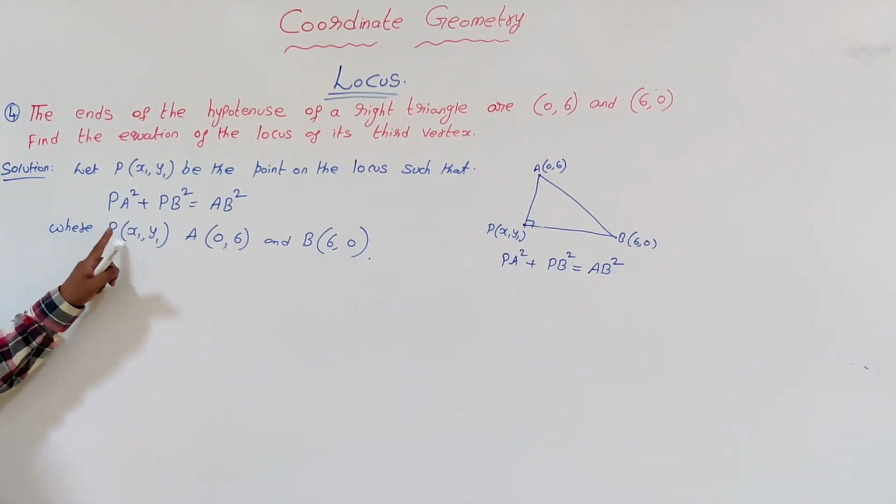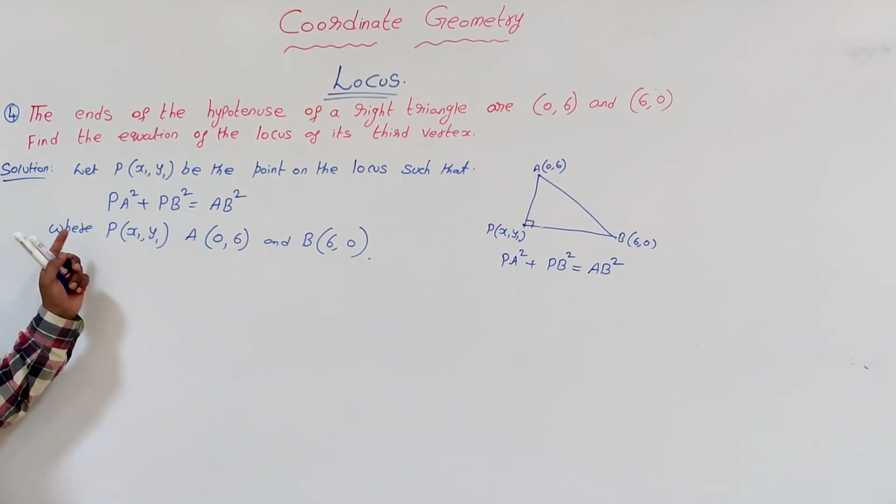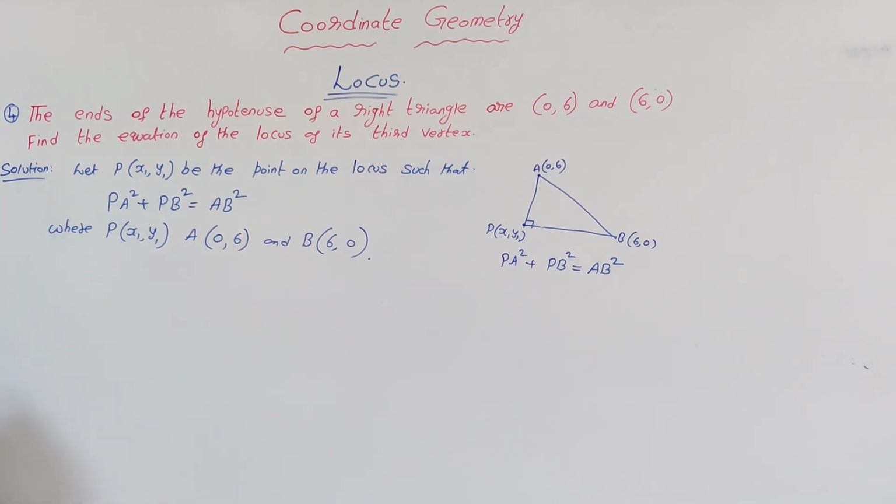PA is the square root of (x1 minus 0) whole square plus (y1 minus 6) whole square. But since the square is there, the square and square root will cancel.